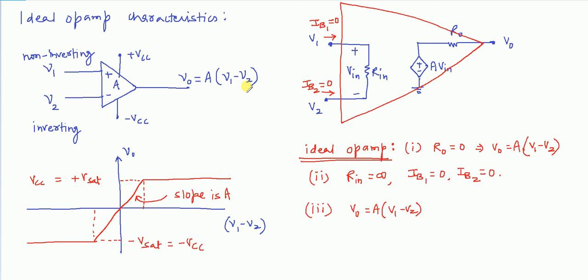Okay, so op-amp basically rejects the common part of the two input voltages. So in ideal op-amp, the common mode gain is 0. In other words, common mode rejection is infinite.